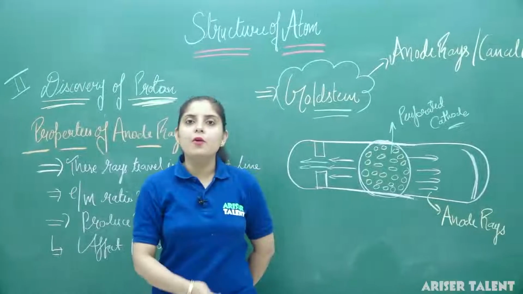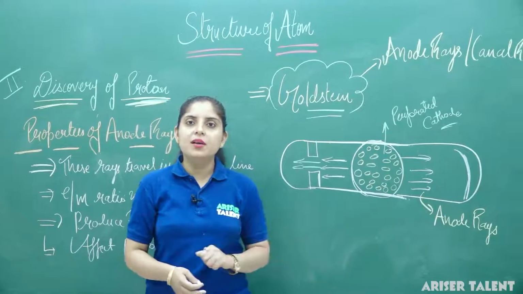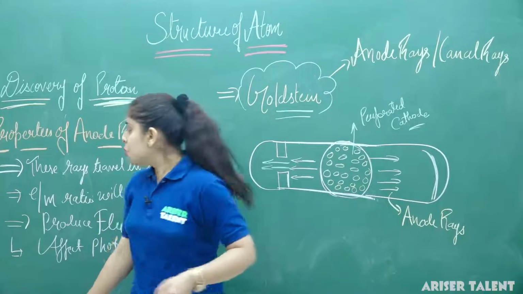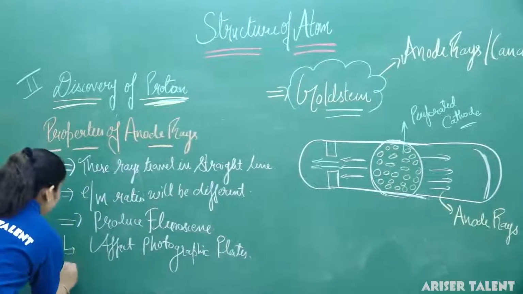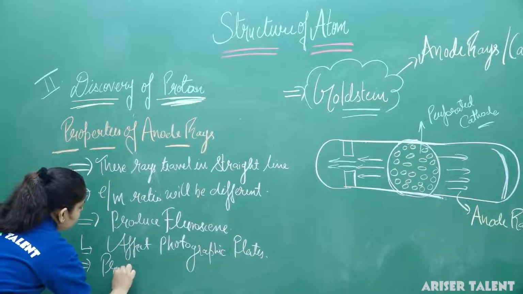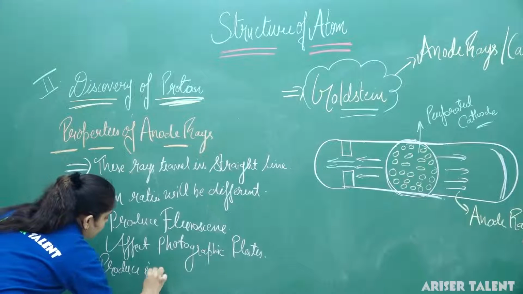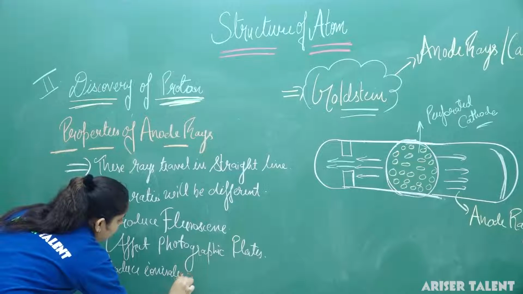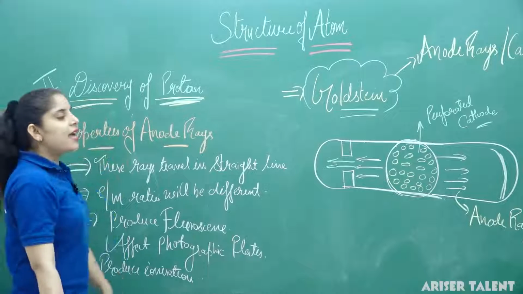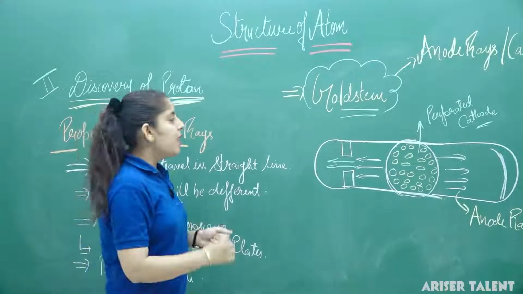If you want to ionize any gas, you can simply use the cathode or anode rays both. So, they have a tendency to produce ionization.